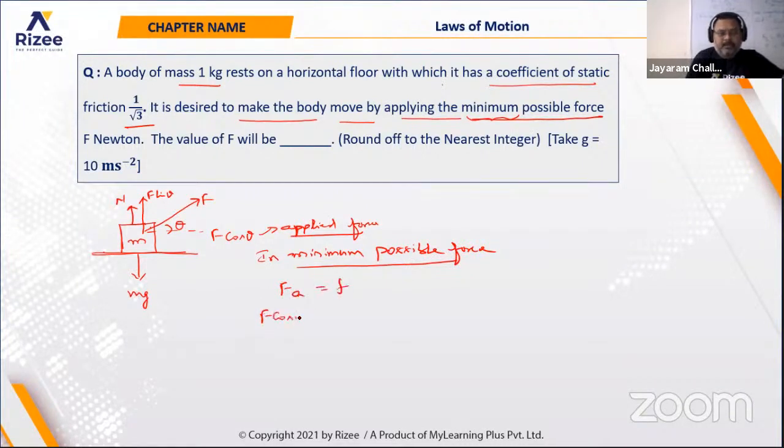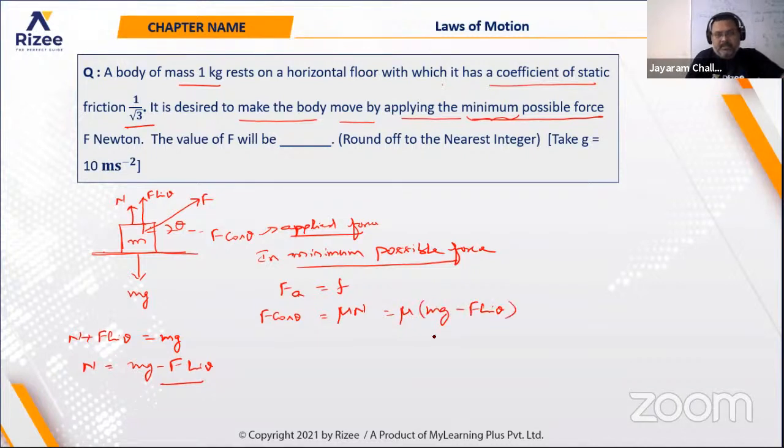Applied force is F cos theta and the frictional force is equal to mu into N. So in the vertical direction, the total upward forces, N plus F sine theta, since there is no motion in that direction, N plus F sine theta is equal to mg, or your normal reaction will be equal to mg minus F sine theta. Substitute this value here, that will be mu into mg minus F sine theta.